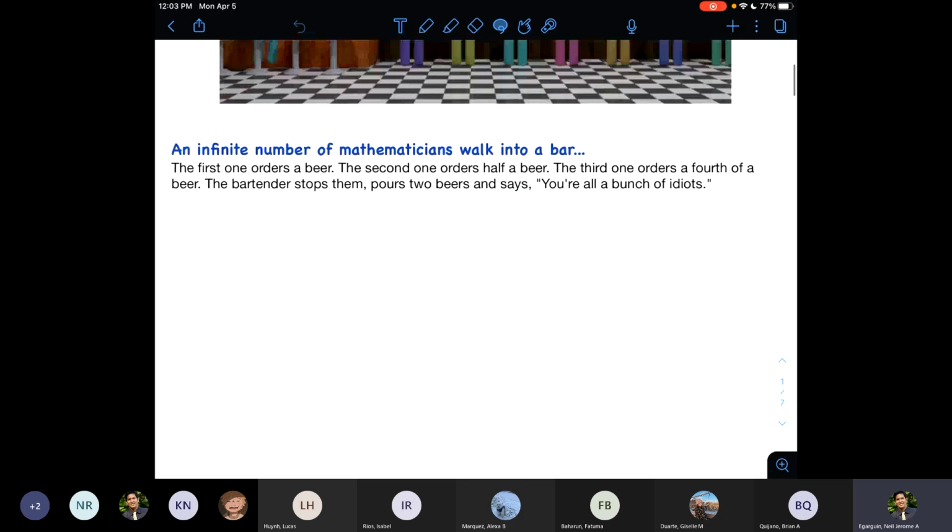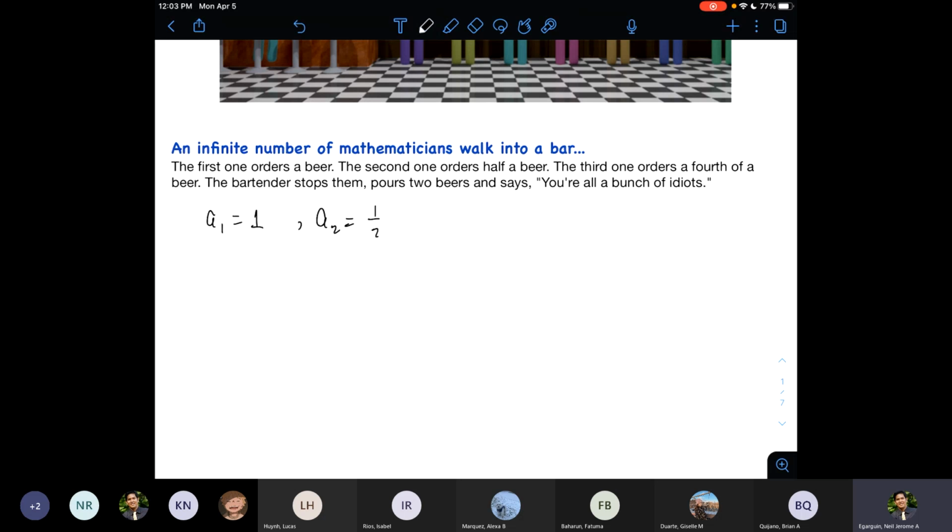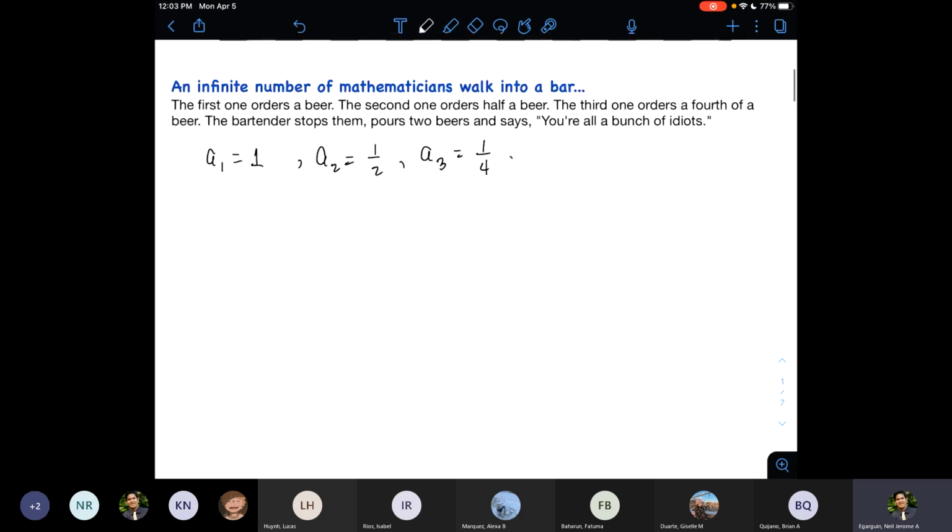And I guess last time we have seen this, the infinite number of mathematicians walking into a bar. So the first mathematician orders a beer. The second orders half a beer. The third orders a fourth of a beer, and so on.